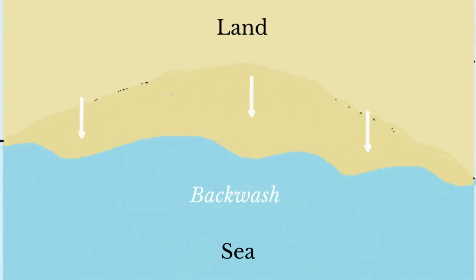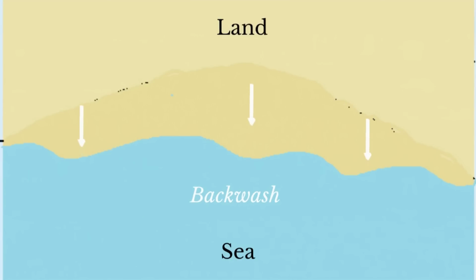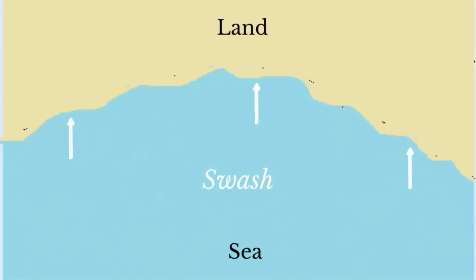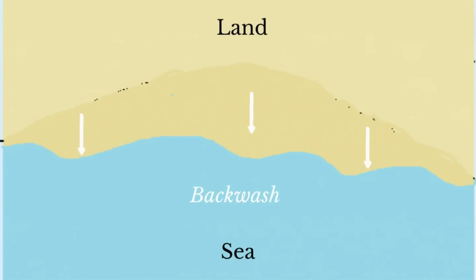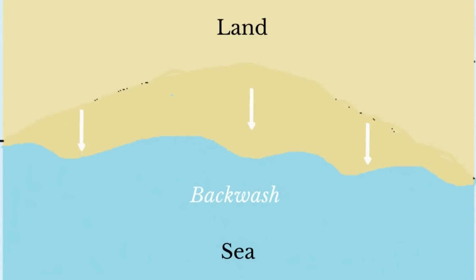All right. So as long as the swash is greater than the backwash, then the materials will be deposited along the coast, and this will create beaches, which is one of the main depositional landforms.